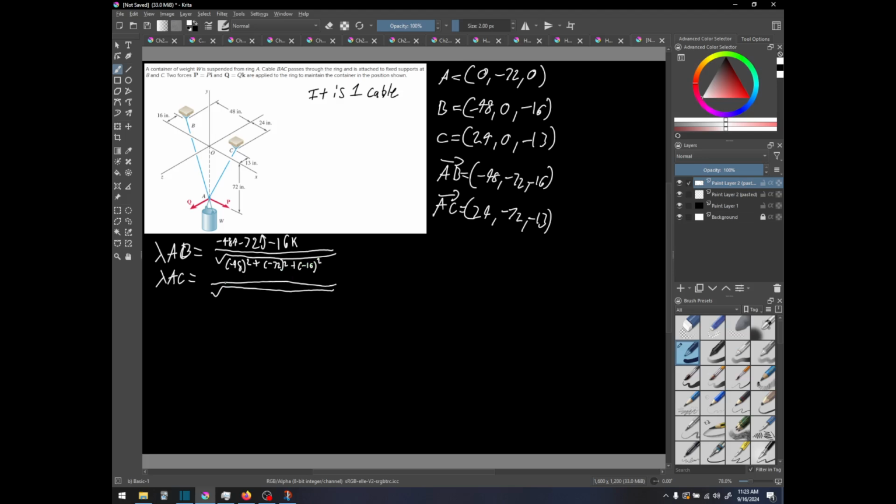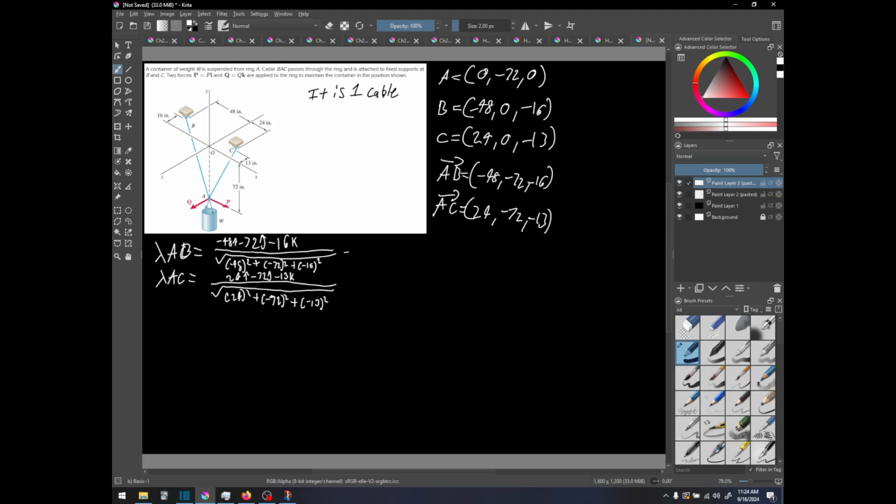And then same thing for AC. This one's going to be 24 i hat minus 72 j hat minus 13 k hat with 24 squared plus a negative 72 squared plus a negative 13 squared.